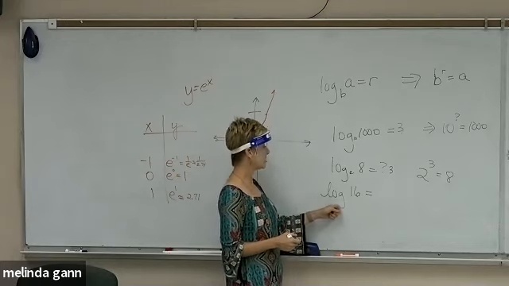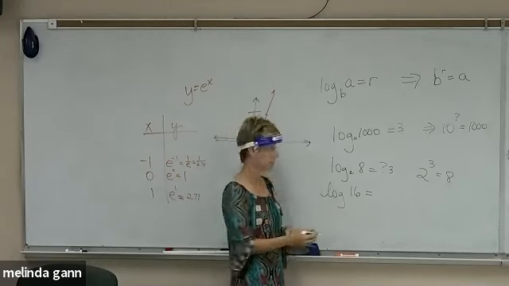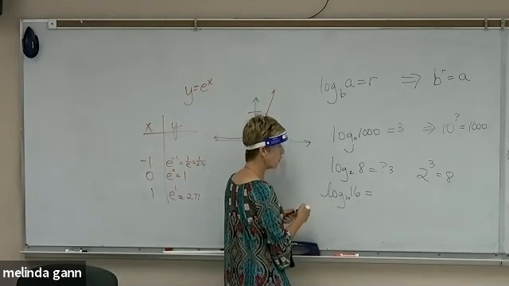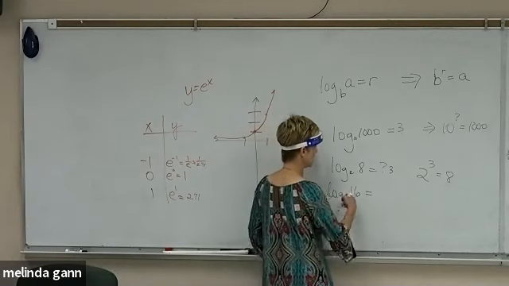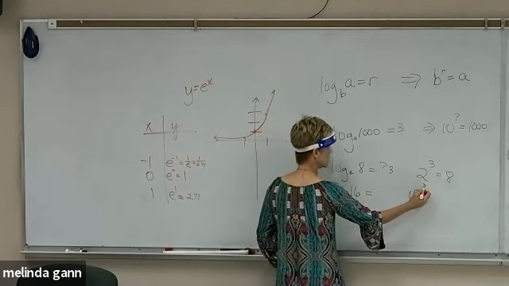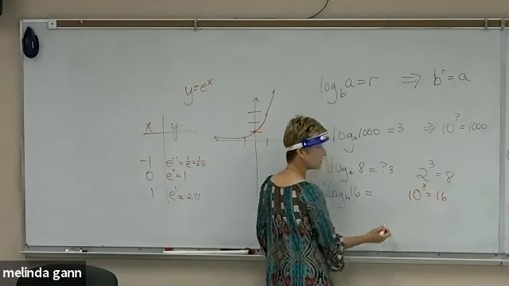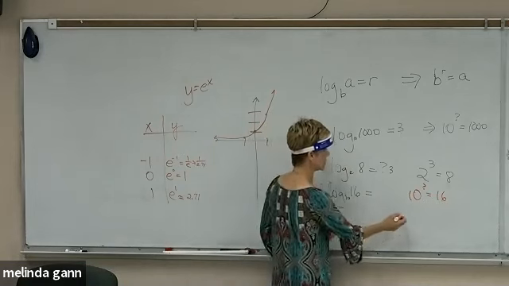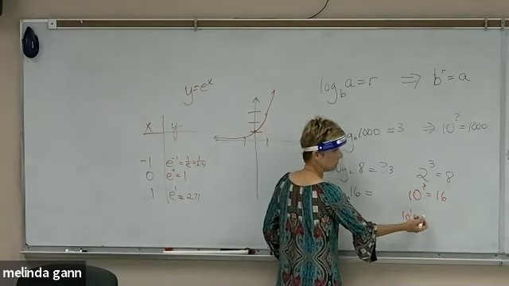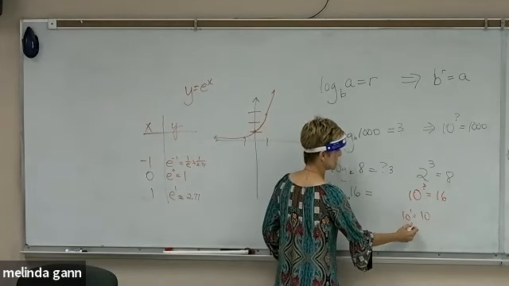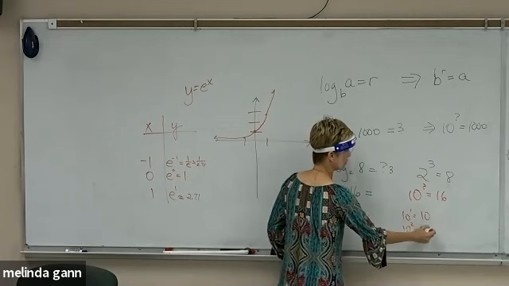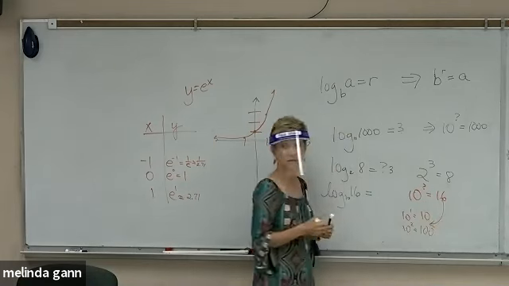When there's not a base showing, what's it understood to be? So what's the equivalent exponential problem to this? 10 to something has to equal what? 16. In my mind, I start thinking, what's 10 to the first? What's 10 to the second? 100. Wouldn't 16 be between those two things?